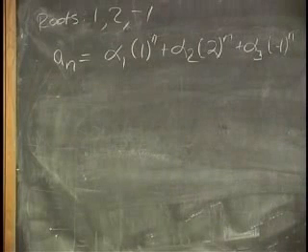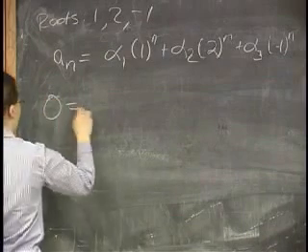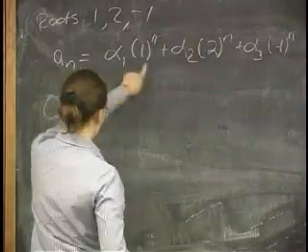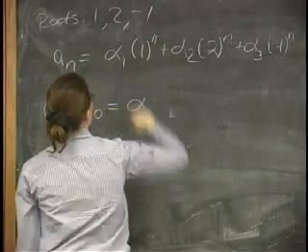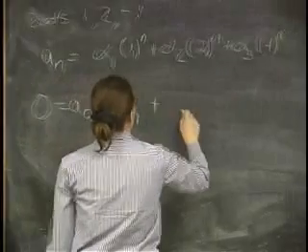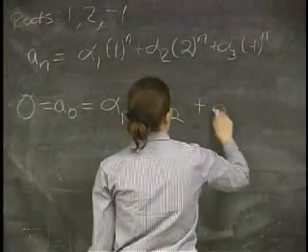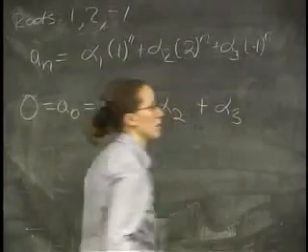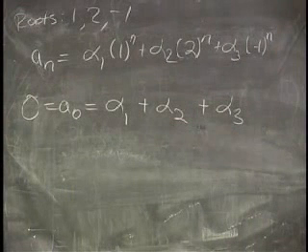Now we can find out what our constants are in this particular example because we know our base cases. Our base case a0 is 0. But if we plug 0 in for n here, we get alpha 1 times 1 to the 0, that's 1, plus alpha 2 times 2 to the 0, that's also 1, plus alpha 3 times minus 1 to the 0, that's 1. So we get alpha 1 plus alpha 2 plus alpha 3 equals 0.